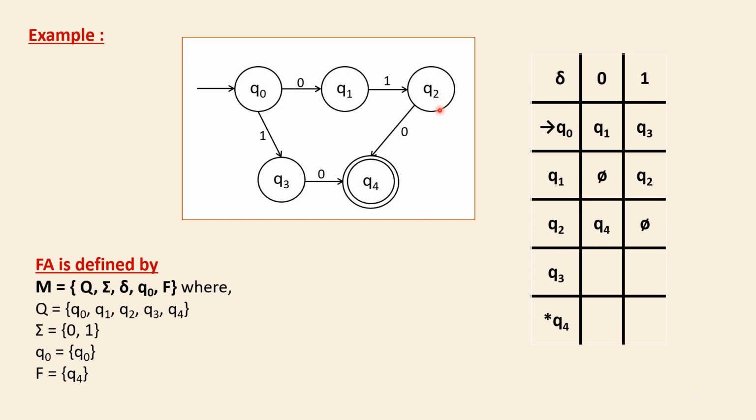Q2 on input 1 has no transitions. Then we have Q3. Q3 on input 0 moves to Q4. And Q3 on input 1 has no transitions. Then we have Q4. Q4 has no transitions either for 0 or for 1.